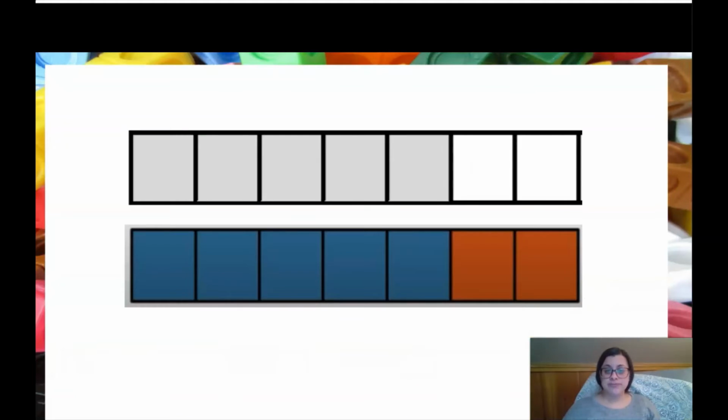Let's look at this one. 1, 2, 3, 4, 5, 6, 7. I have a 7 stick, and this is a different color. Your teacher's going to pause the video and find out, is this the same as my 7 stick?